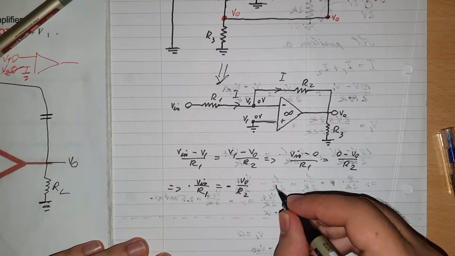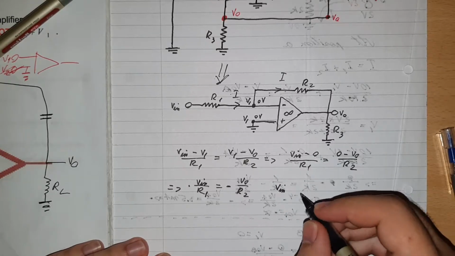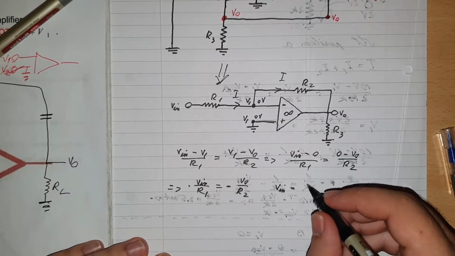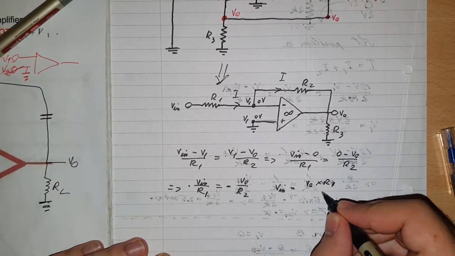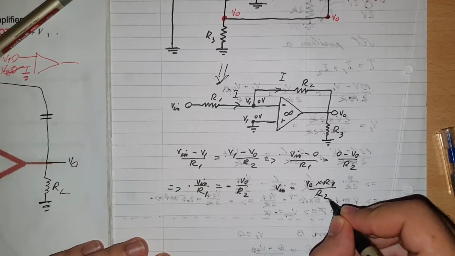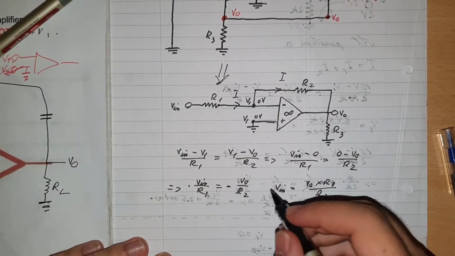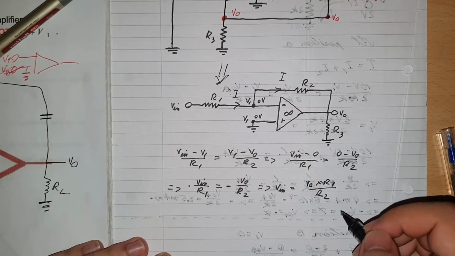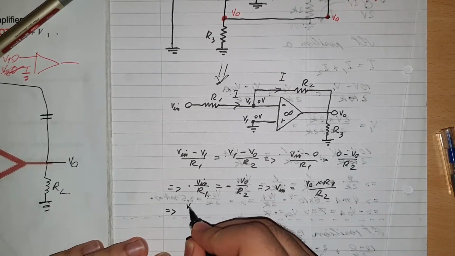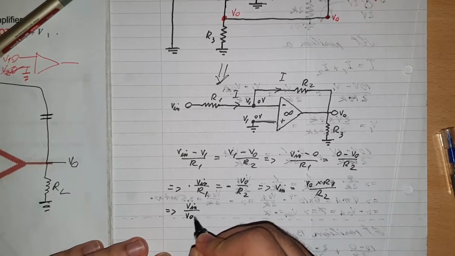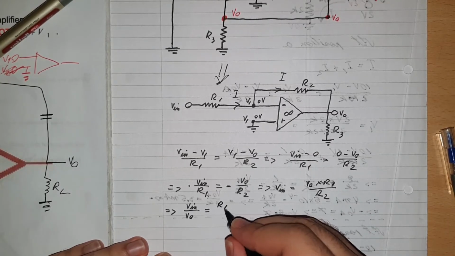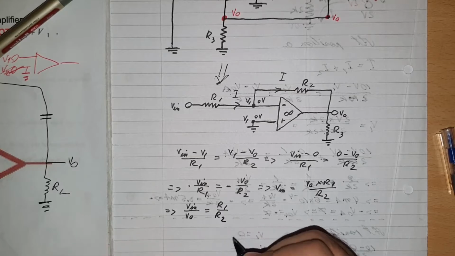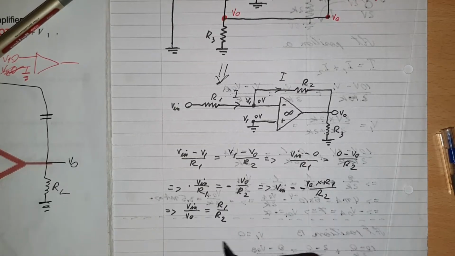So V in is equal with V out times R1 over R2, and now we can divide by V out. So V in over V out is equal with R1 over R2, and it's a minus as well here, so I shouldn't forget the minus.